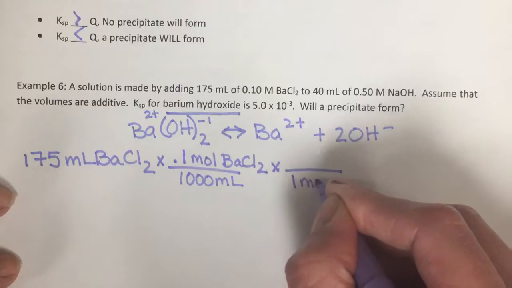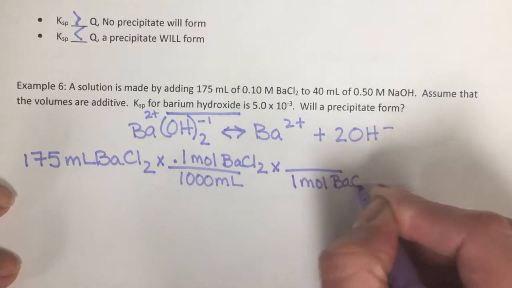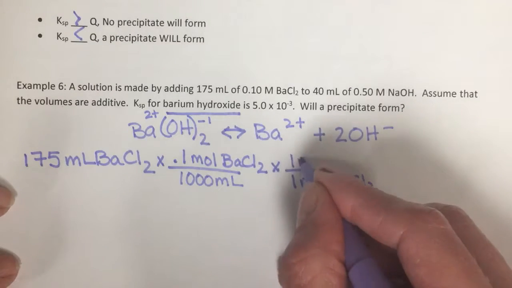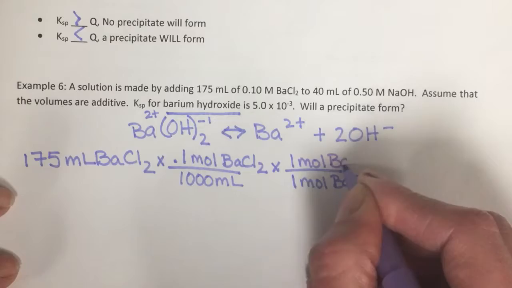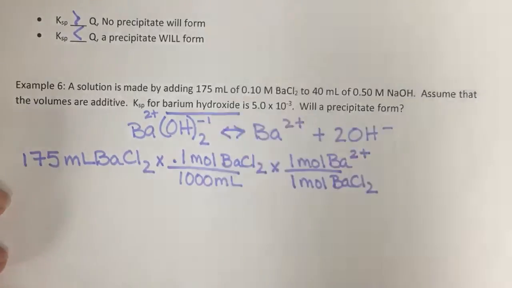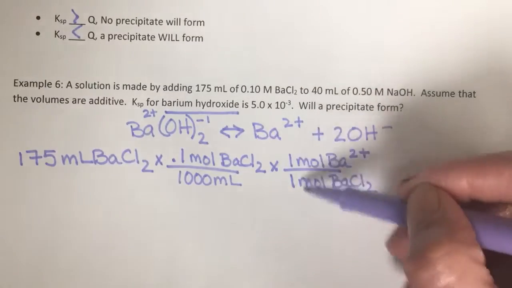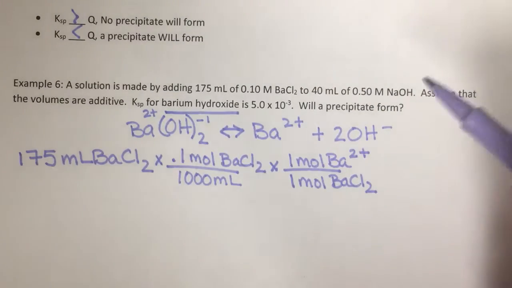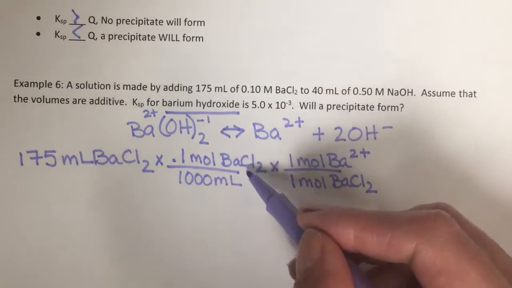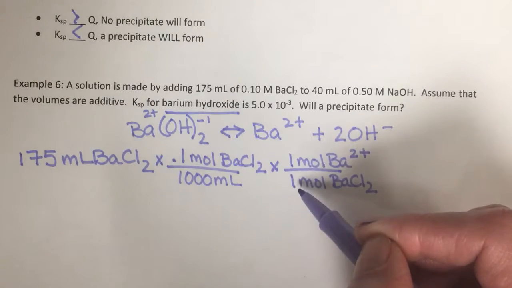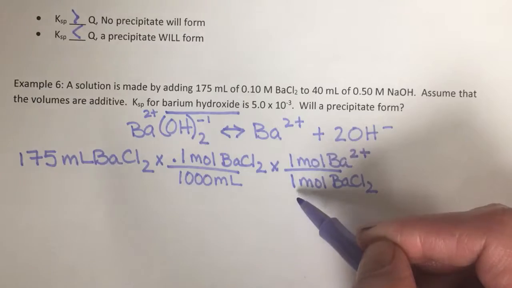So if I have 1 mole of BaCl2, I'm going to make 1 mole of Ba2 plus. In this case, this step wasn't super important. However, if I had cared about the Cl minus, this step would have been super important.